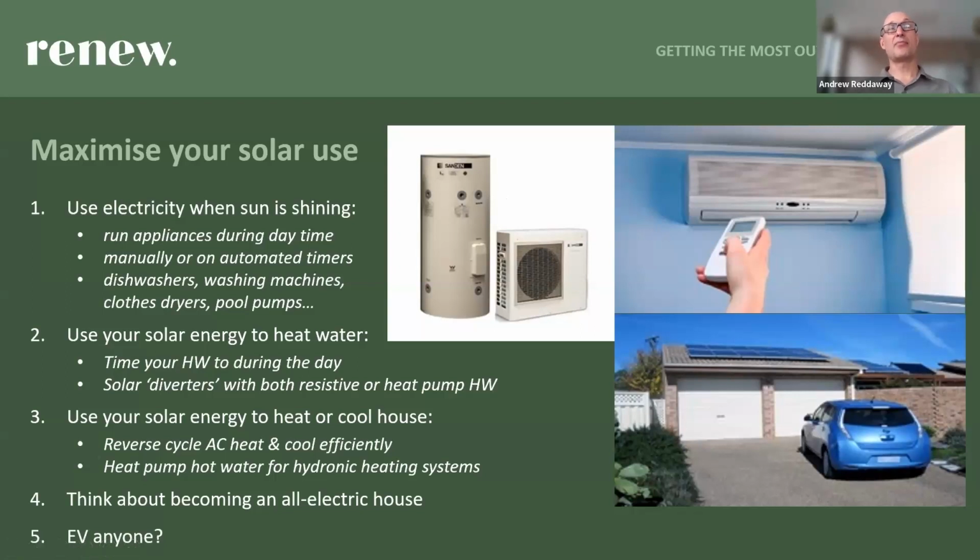And that makes it only use about a quarter as much energy as an old style electric hot water system would. So if you're heating up hot water around the middle of the day, it's effectively going to be drawing the power straight from your solar panels. And that's probably the cheapest type of hot water that you can get.